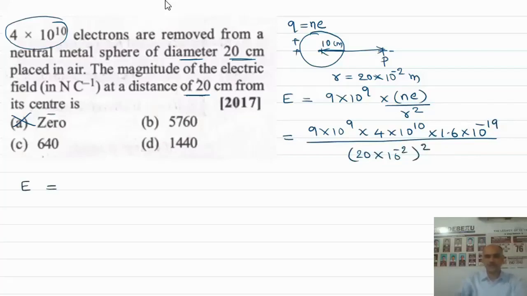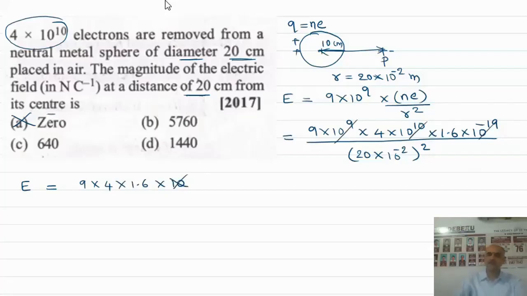In the numerator, 9 into 4 into 1.6 into 10 raised to, simplify the powers: 10 plus 9 is 19, and 19 cancels with minus 19, so there will be no power of 10 there. In the denominator, 20 into 10 raised to minus 2 becomes 2 into 10 raised to minus 1.